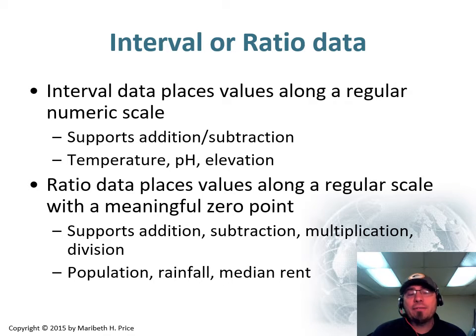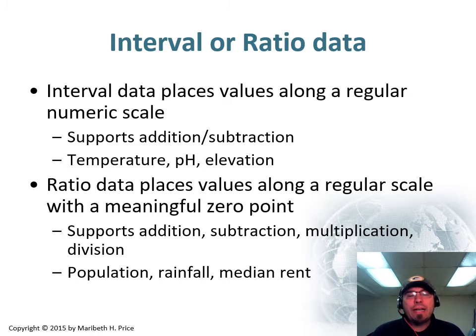You can have negative temperatures. We know that all too well in Wisconsin. You can have not negative pH, but pH is a logarithmic scale that never goes to zero. And then elevation can also be negative. Things like the Dead Sea and Death Valley in California are below sea level, which is considered negative elevation.